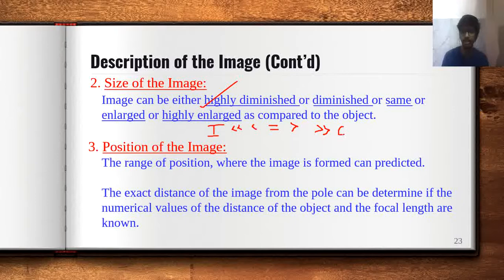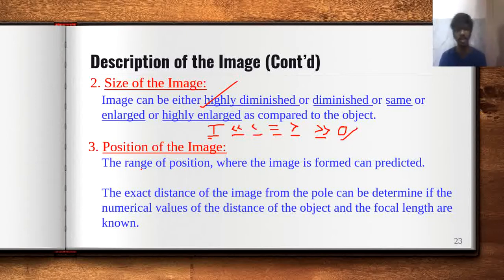This is the image and this is the object. So the image can be highly diminished, or same, or enlarged, or highly enlarged as compared to the object. This is the second point.